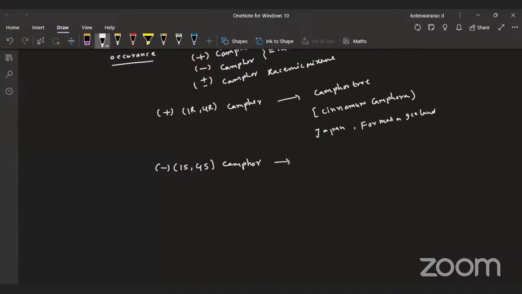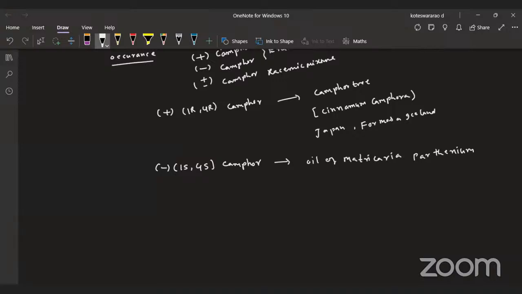It is the oil of Matricaria parthenium. Is there any botany specialist? You can identify this name, right? These are the sources for camphor.